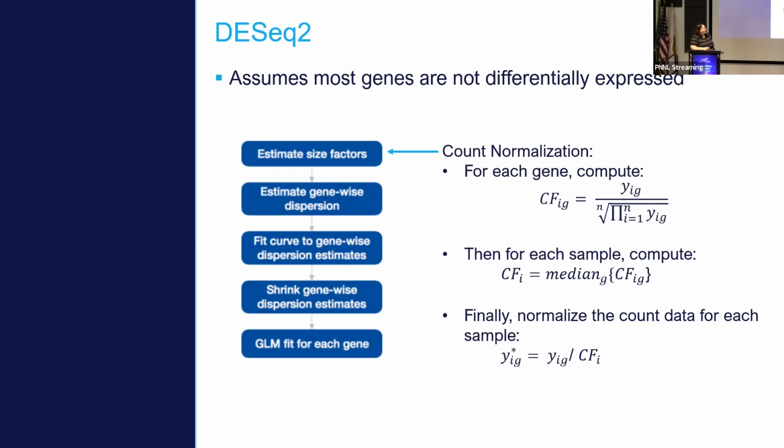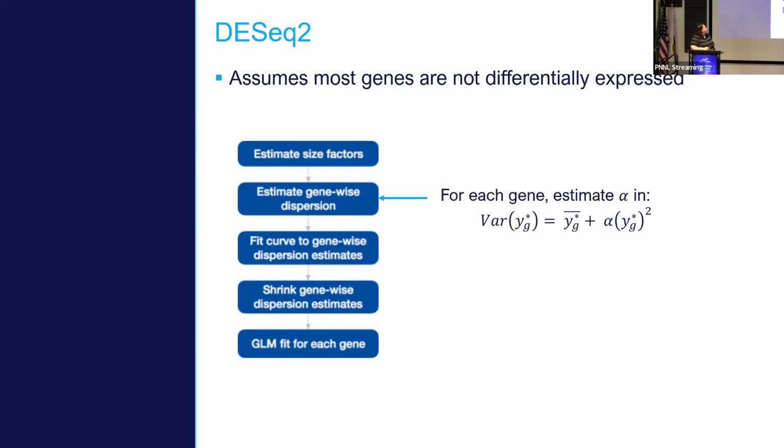And that's basically your counts divided by what's called a geometric mean. And it will get log2 transformed. And the details here again aren't super important. We're just saying we're getting things on a log scale where variances can start to stabilize, and we're getting these into something where we're accounting for library size. So that is the first step of DESeq2.